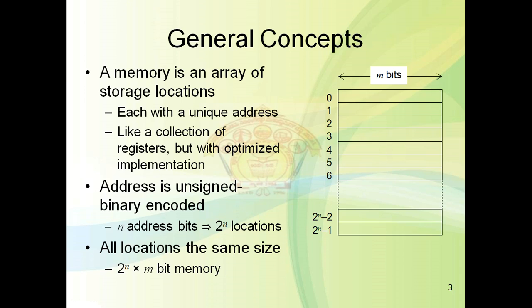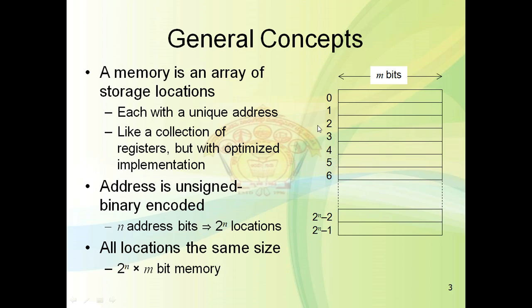So memory is conceptually an array of storage registers, each of which has a distinct address. You can see here the address of the memory varies from 0, 1, 2, 3, 4 up to 2 raised to n minus 1.